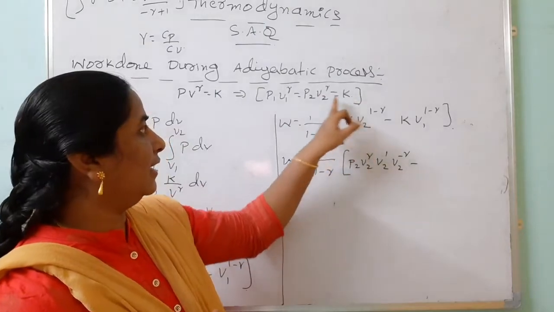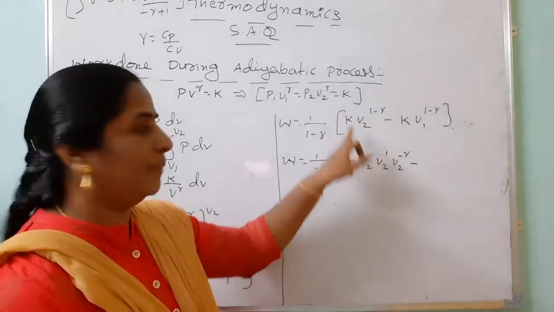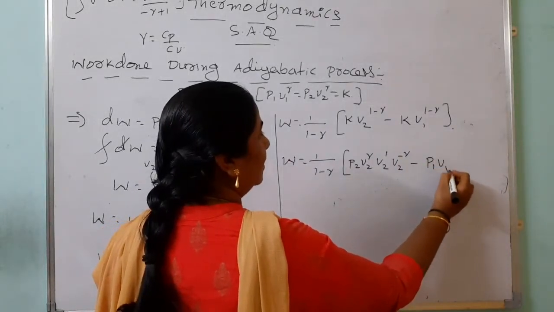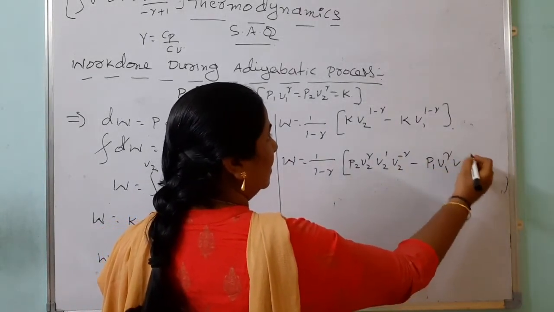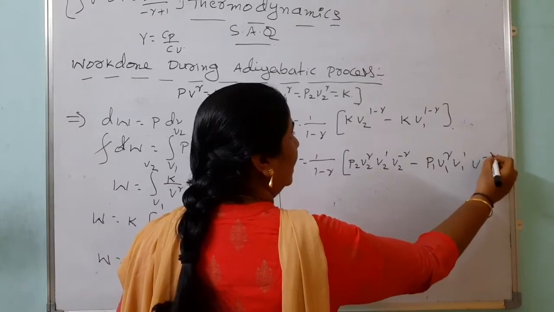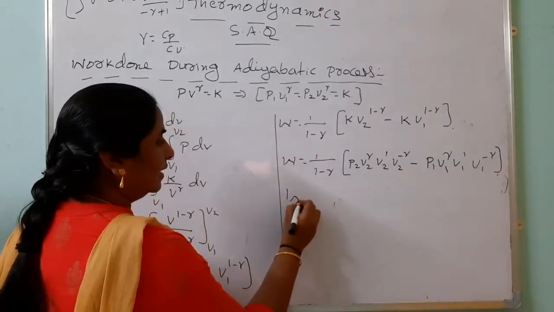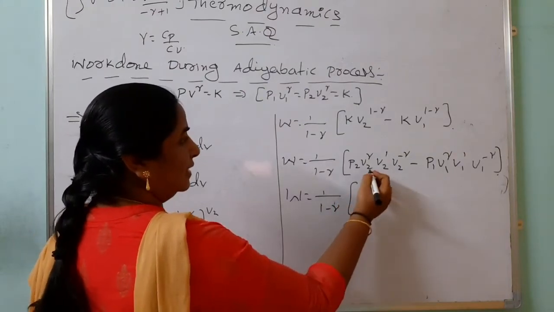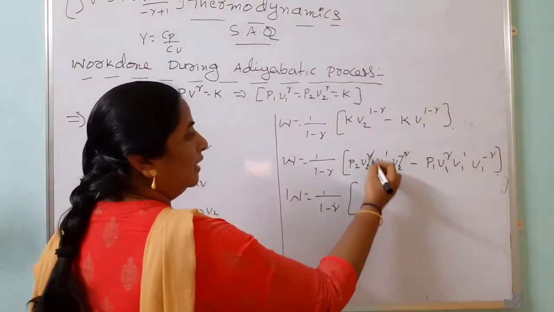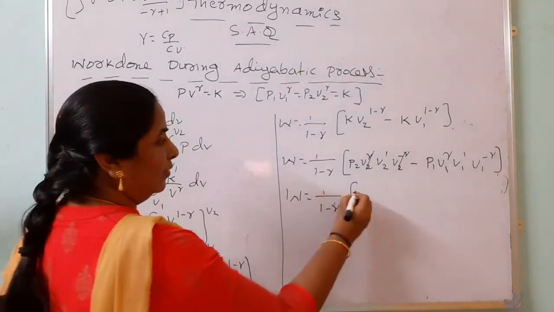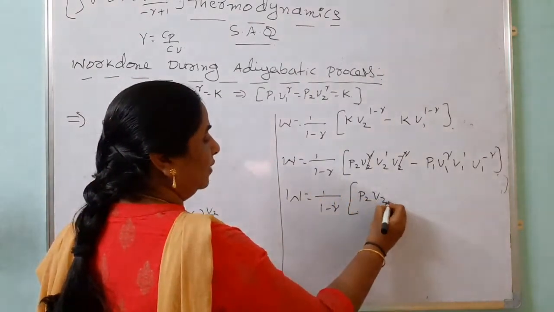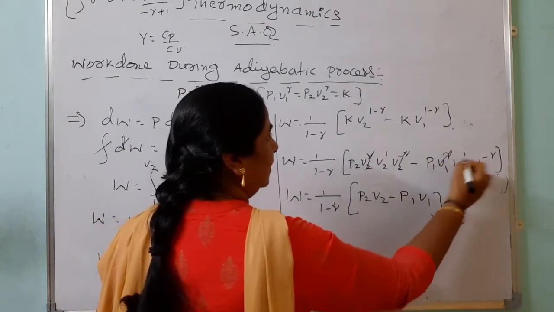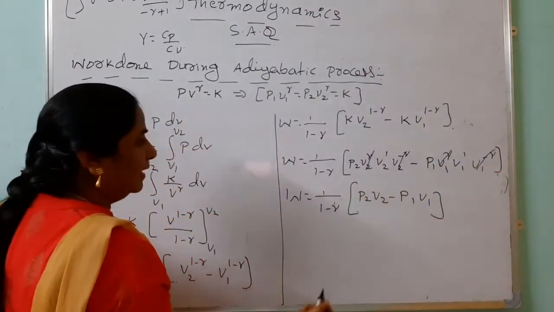Instead of K, I have taken P2 V2 power gamma minus, here I am taking P1 V1 power gamma, here V1 power 1, V1 power minus gamma. Then work done equals 1 by 1 minus gamma. Look at this expression here, minus gamma, V2 power 0 is 1. So we can get here P2 V2 minus P1 V1. Instead of that we are taking 0.